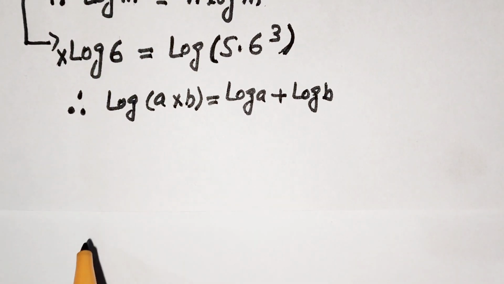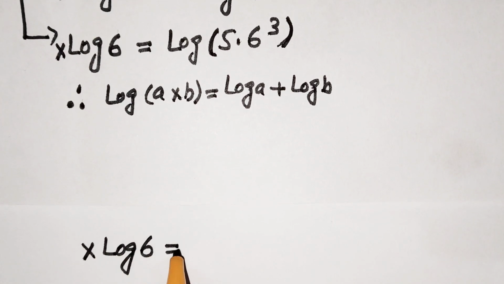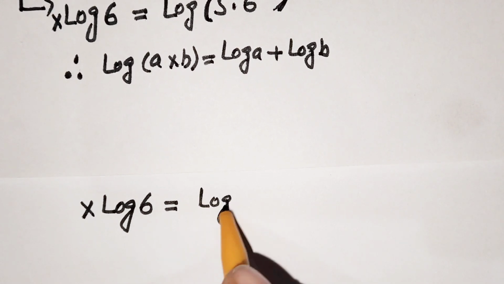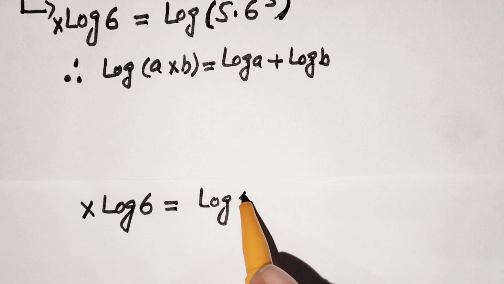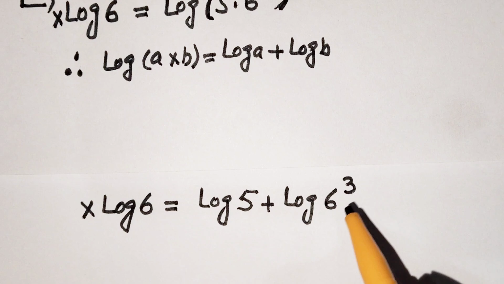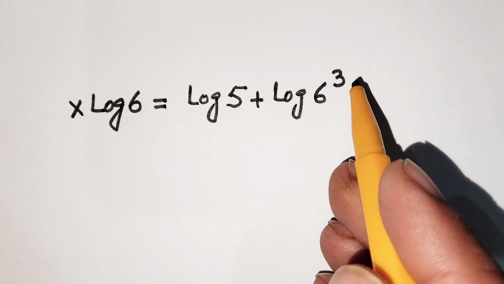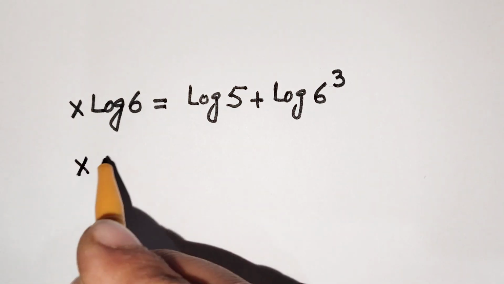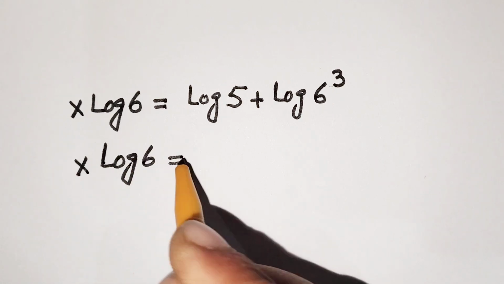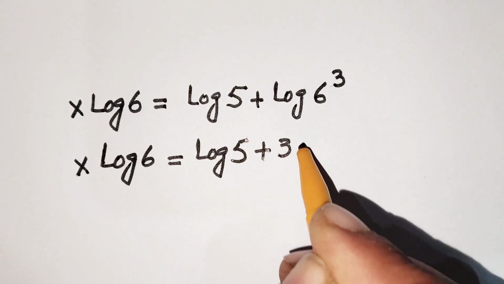So we can write x log 6 is equal to log 5 plus log 6 to the power 3. Using the same law again for the exponent, x log 6 is equal to log 5 plus 3 log 6.